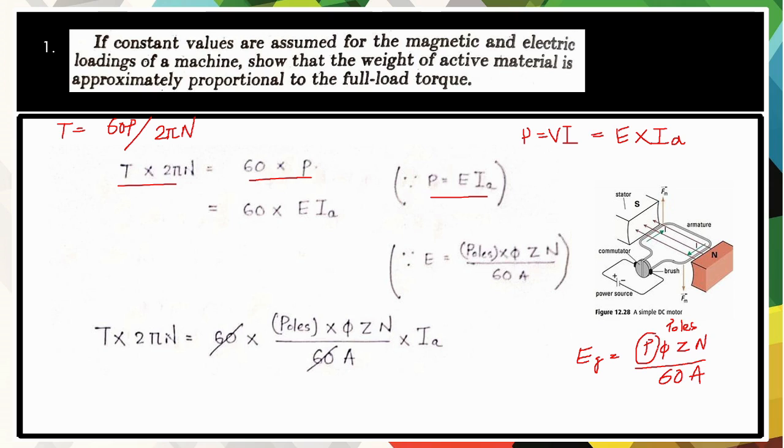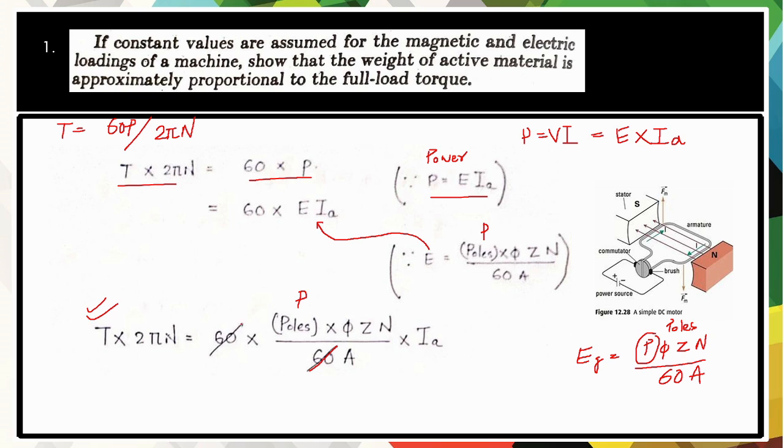Don't confuse it with power. So here P is the poles, and this P is power. If you substitute the value of E here, you get T into 2 pi N equal to 60 into poles P into phi Z N by 60A into IA.